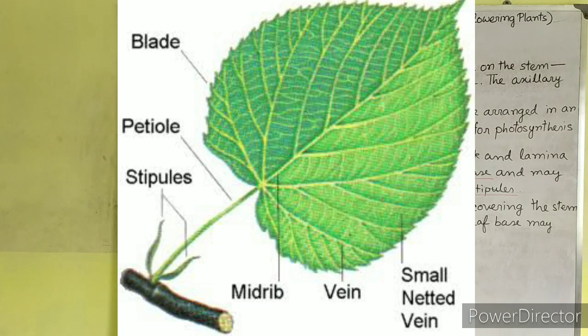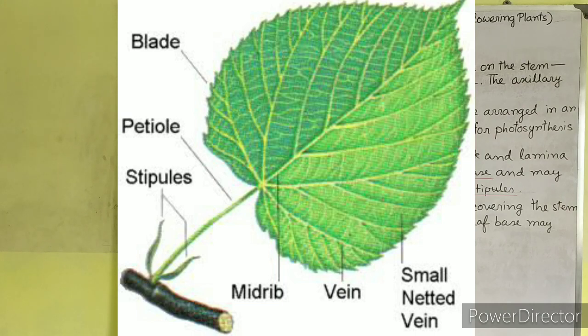You can see the two lateral small leaf-like structures called stipules. You can see the lamina or the leaf blade. It is labeled as blade. That is the surface of the leaf. You can see the midrib and the vein and also the small netted veins.